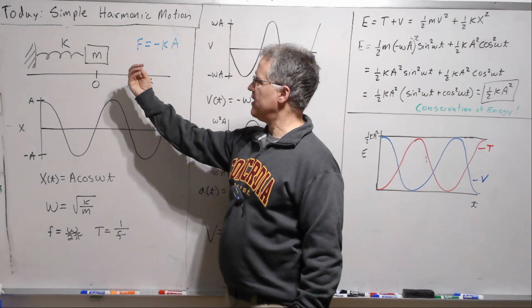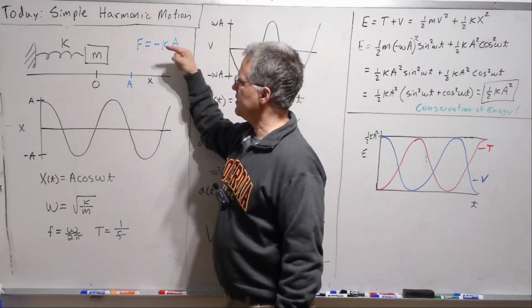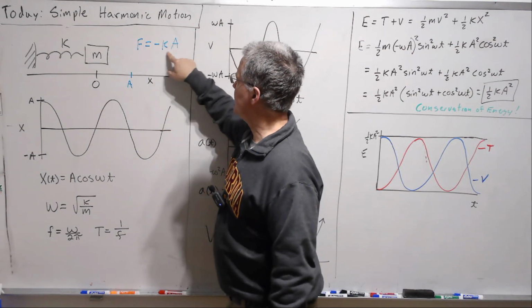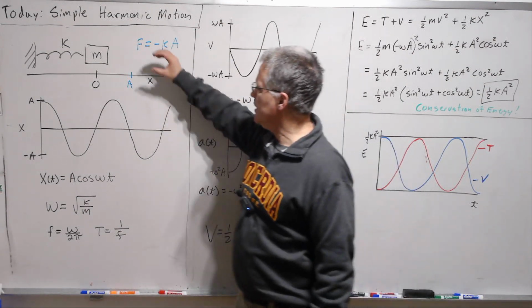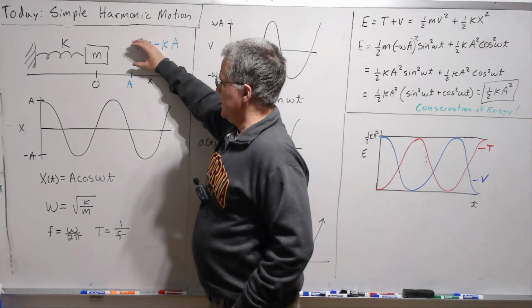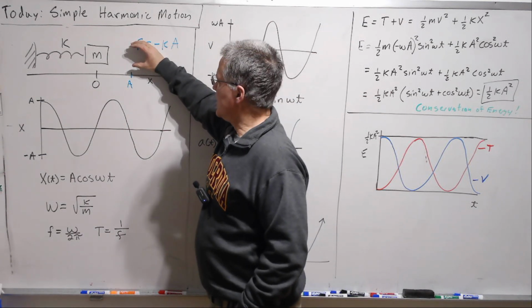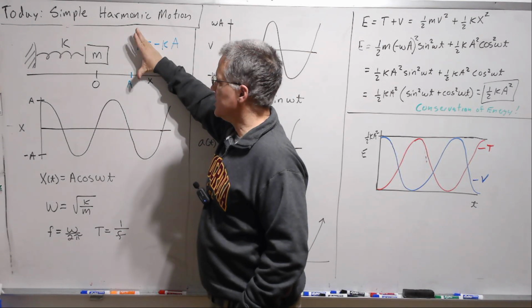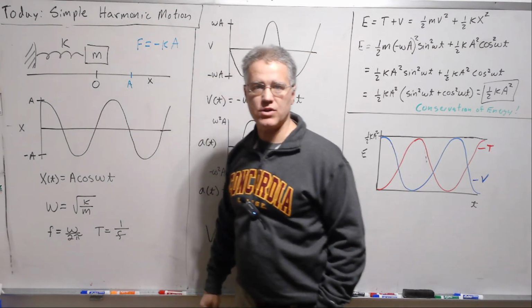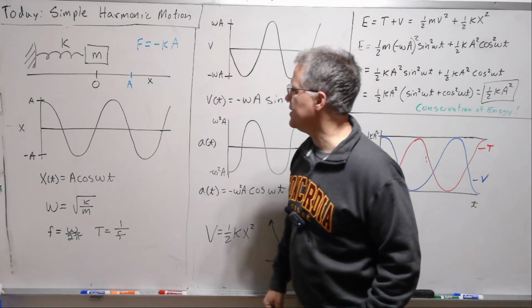Well, I would have to supply a force of Ka, and then the restoring force here would be minus Ka. I'm going to take a particular, what's called initial condition here. I'm going to hold this, and now I'm going at time equals 0. I'm going to let go, and we're going to watch what happens to this motion.